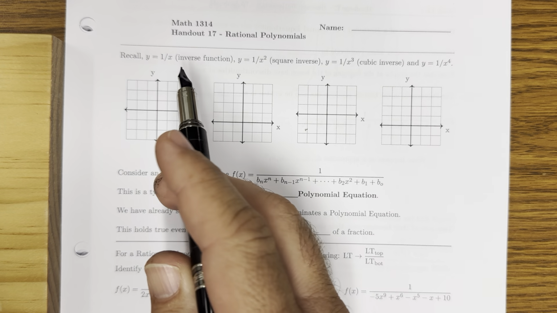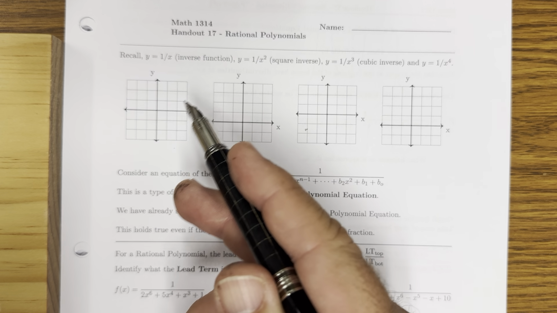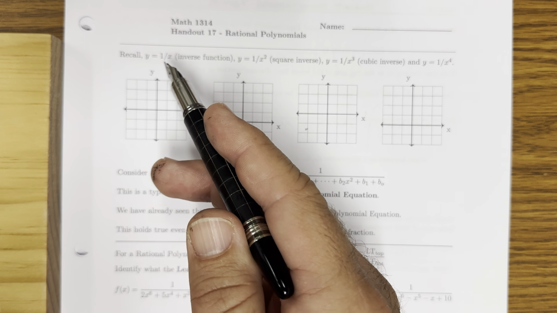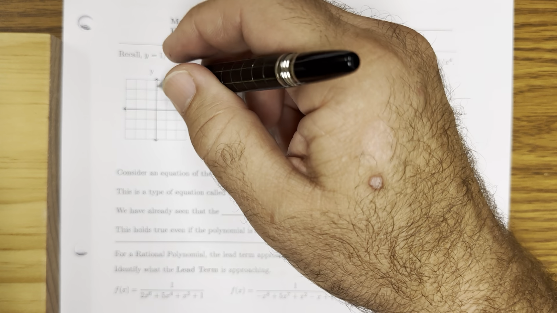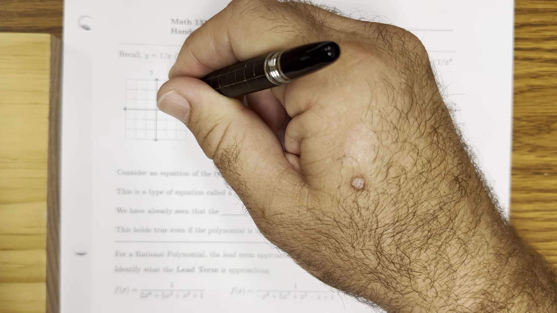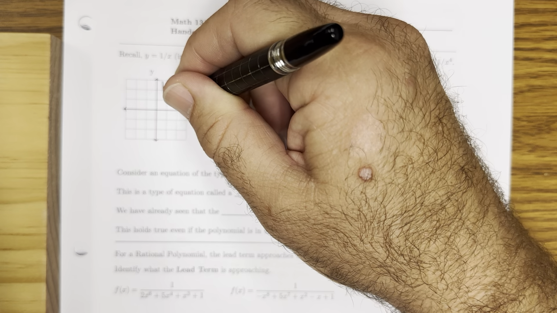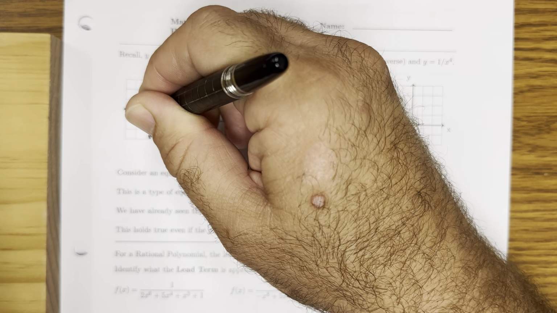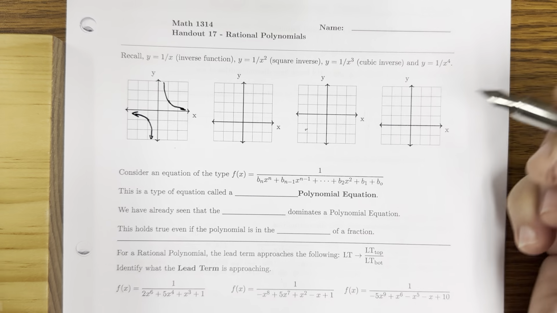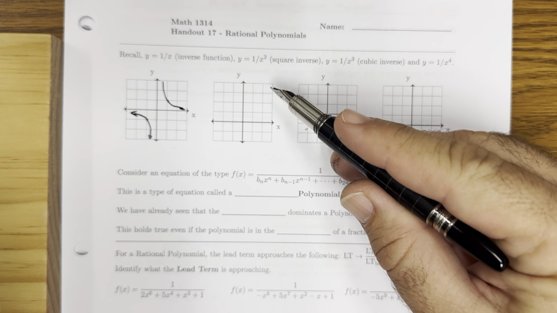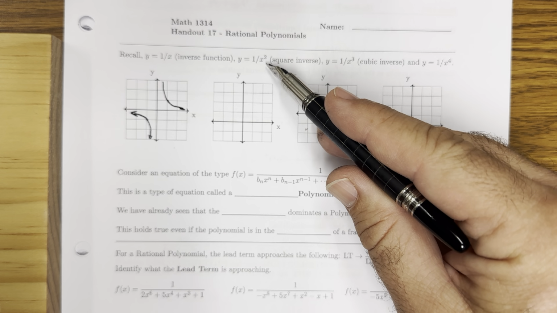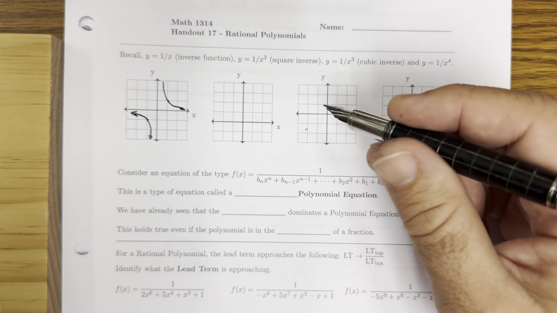So whenever we have 1 over x, the bottom polynomial is, of course, degree 1, and this is just the inverse function, which looks something like this, and then switches down to there. Okay. Now we have the inverse square function, 1 over x squared, where the bottom polynomial is of degree 2.